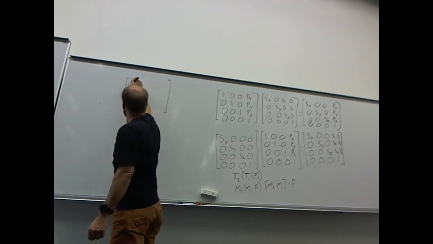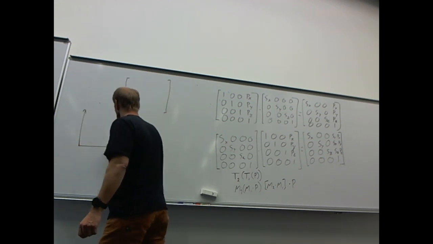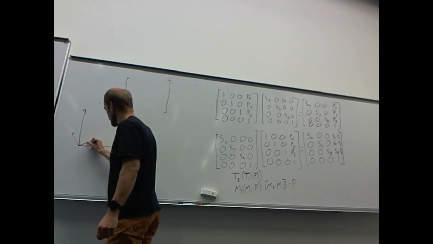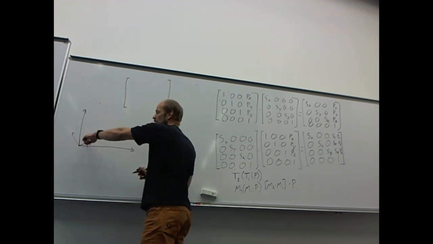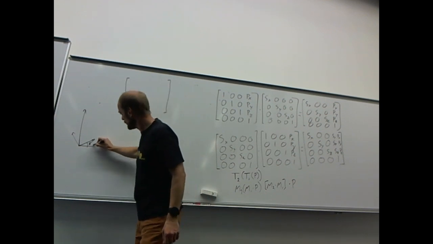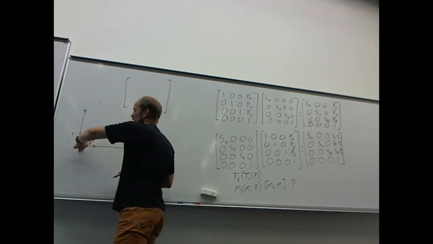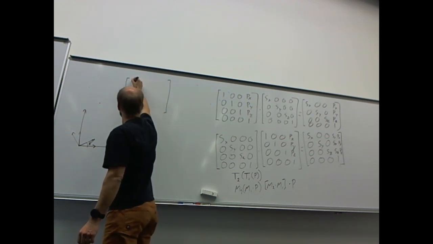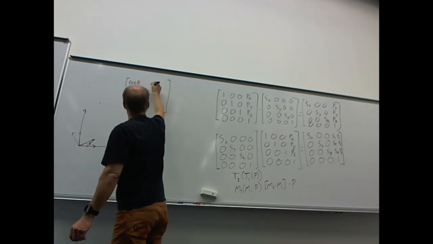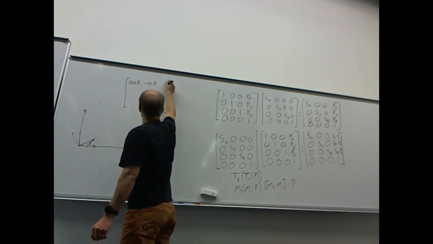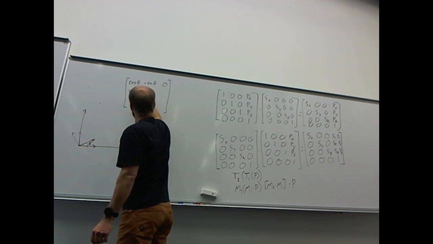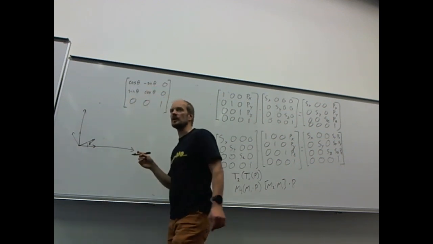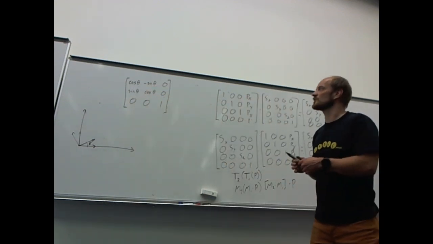But in 2 dimensions, basically if I want to take my coordinate system and rotate it counterclockwise by the angle theta, so that my original coordinate frame is here, my new coordinate frame is rotated, then the transformation matrix that does that is cosine theta, minus sine theta, 0; sine theta, cosine theta, 0; 0, 0, 1. Okay, so this is the rotation.